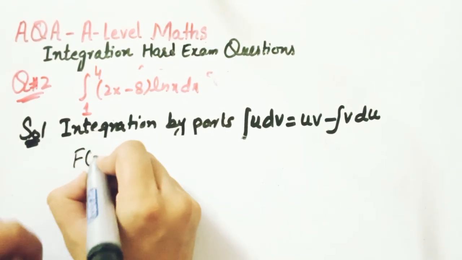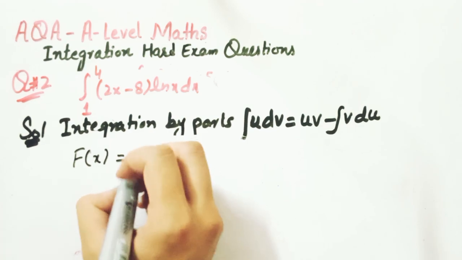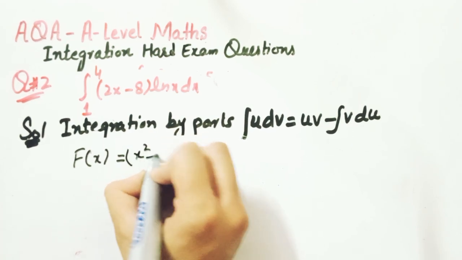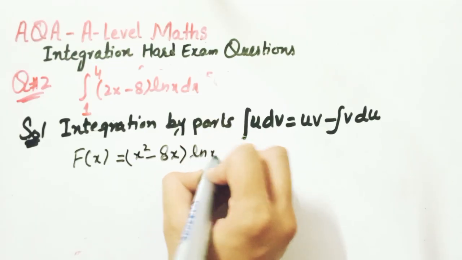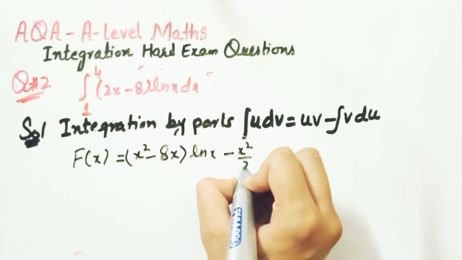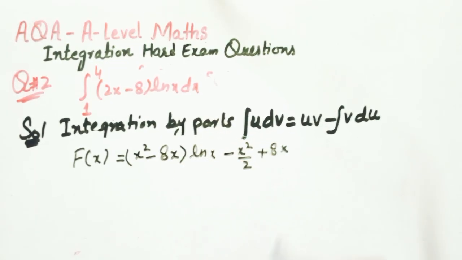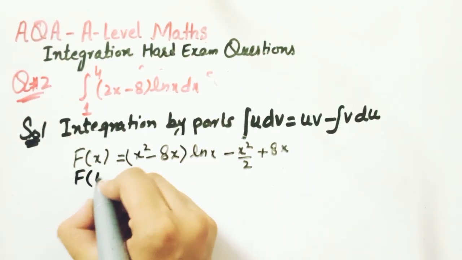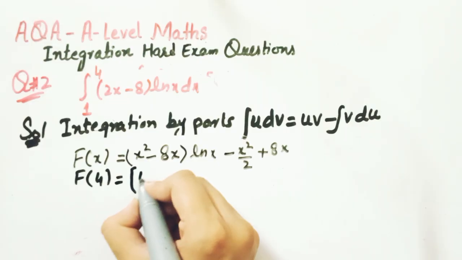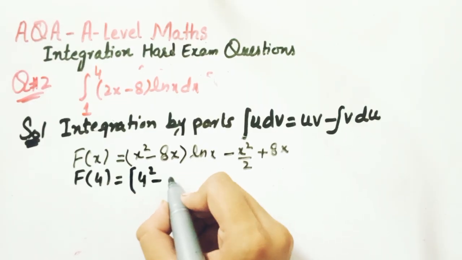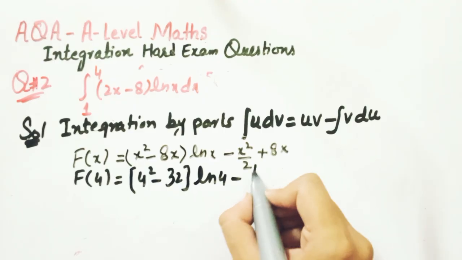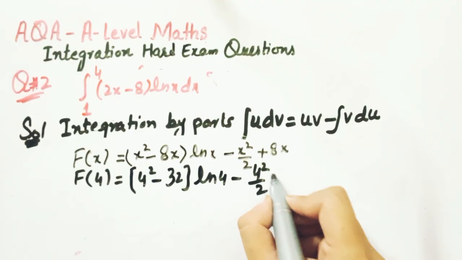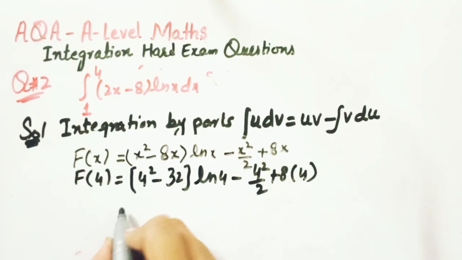So f of x was equal to x squared minus 8x ln x minus x squared by 2 plus 8x, that gives f of 4 means 4 squared minus 8 into 4 is minus 32 ln 4 minus 4 squared by 2 plus 8 into 4.